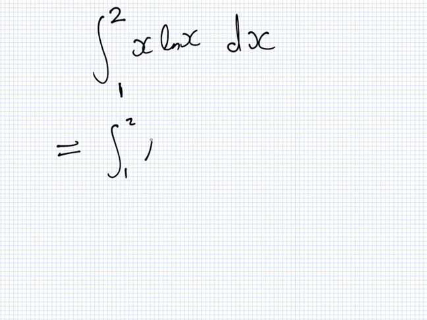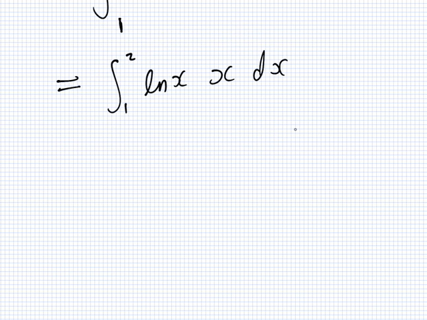Have a look at it now. So I hope you spotted at the start the log should go first. So it should be written like this. We draw our table.